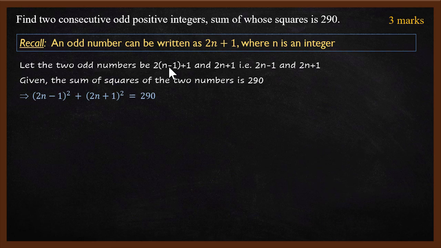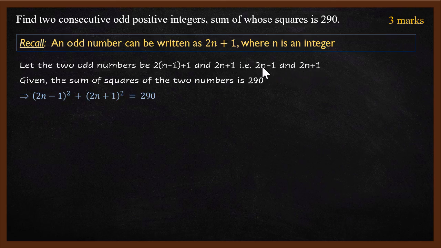Okay, this is the interesting and useful bit. 2 times n minus 1 plus 1 and 2n plus 1 are consecutive odd positive integers where n is greater than 0. If we simplify, you get 2n minus 2 plus 1, that becomes 2n minus 1, and you get 2n plus 1.